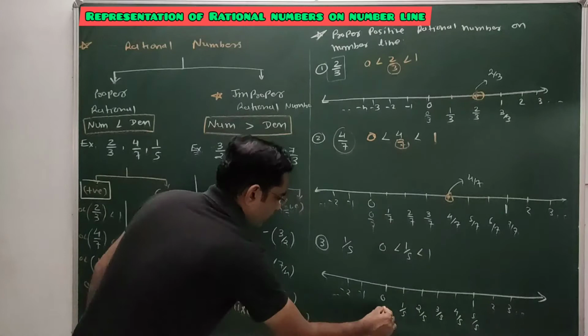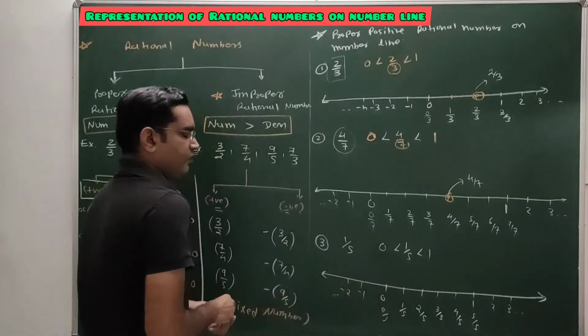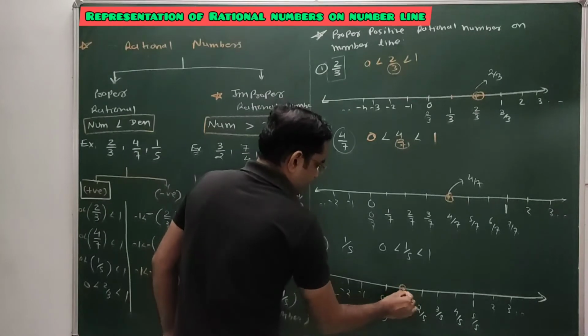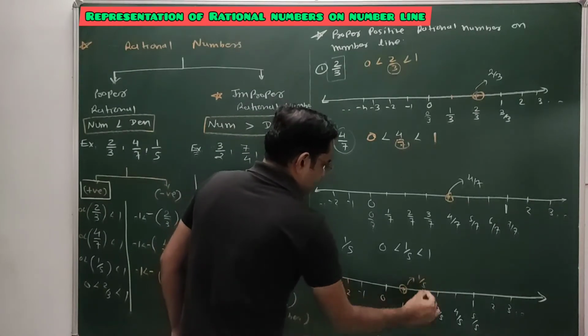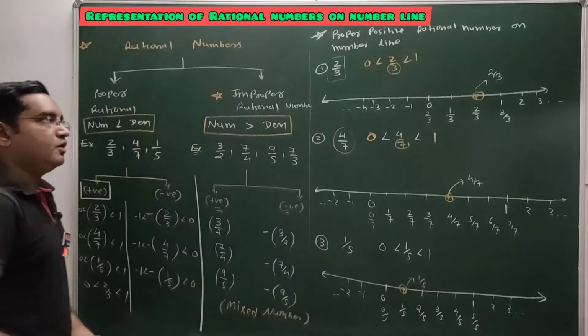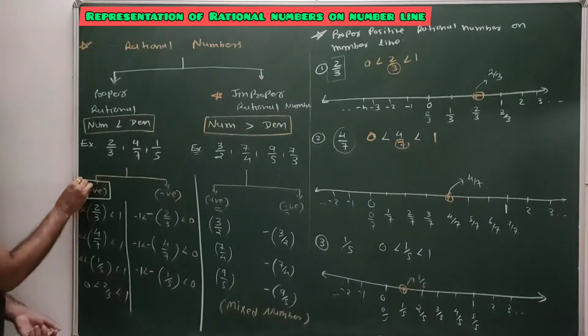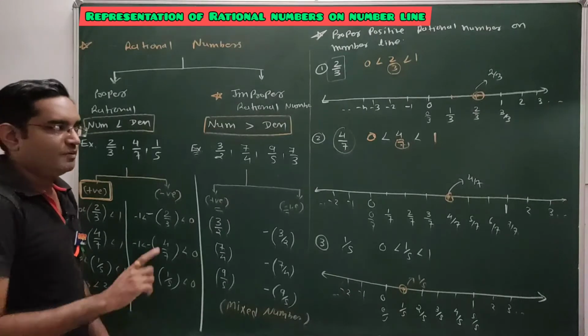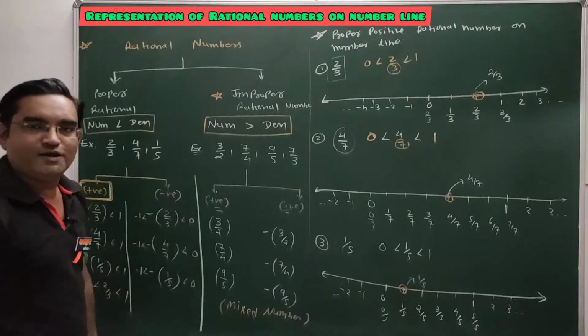When it is 1, this 0/5 is 0. Done. Which number do we have to represent, 1/5, so this is your 1/5. So this is how you can represent this first type of rational number on number line. Clear students? Pause this video and note it down.